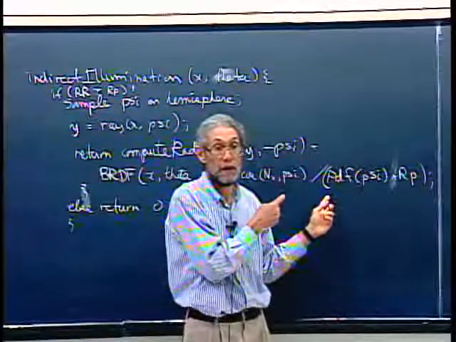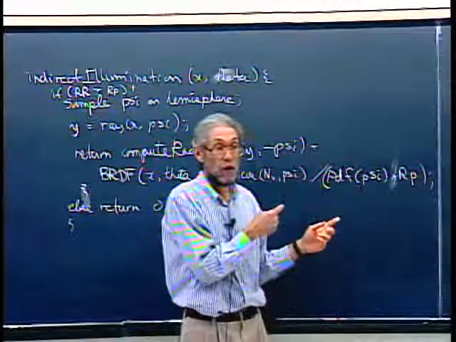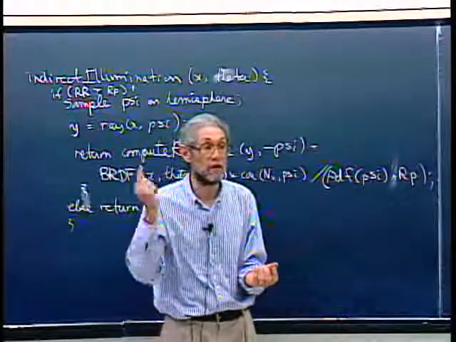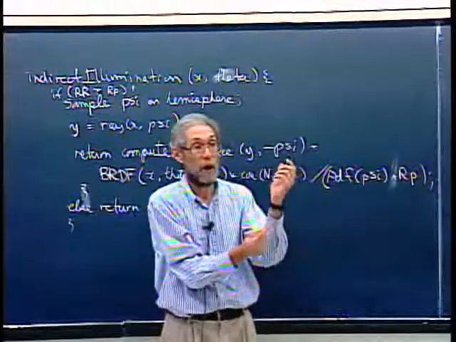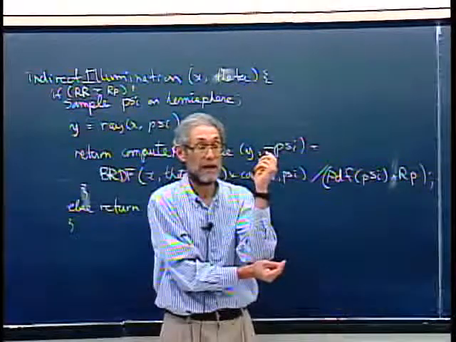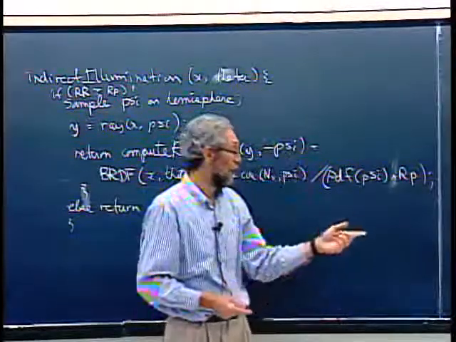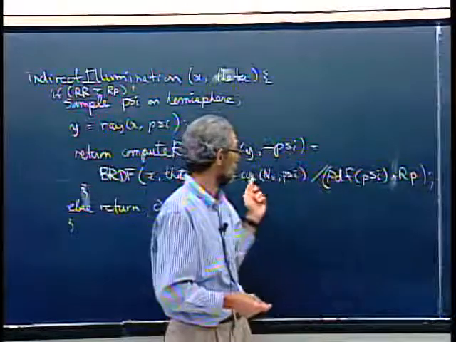I'll do that for you in a minute. So you have a choice. You can choose it uniformly on the whole sphere and then reject any sample whose dot product with the normal vector was negative. Then you'd get a uniform distribution over the hemisphere, and you'd keep this cosine factor in here.